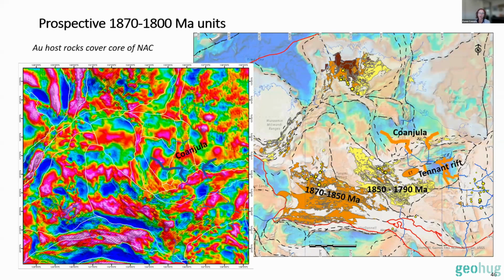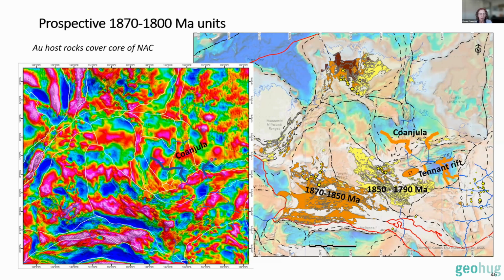And one of the features of the gravity that has always bothered me, and I've been looking at this data for over 15 years, is the fact that even when you have high resolution gravity data, these gravity anomalies are quite broad and subdued through this area. Now, we do have some near surface effects related to the thicker basins here in the Beetaloo Basin, but what we're seeing from the basement is just broad subdued anomalies.